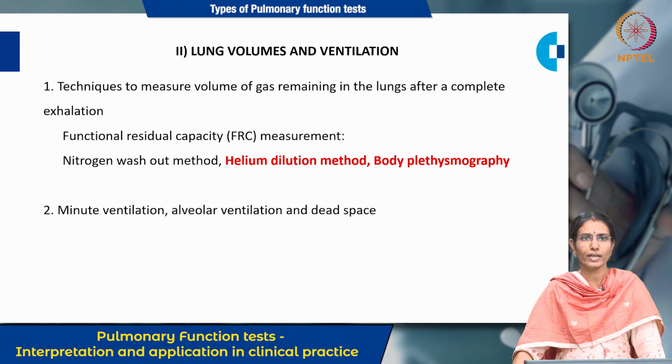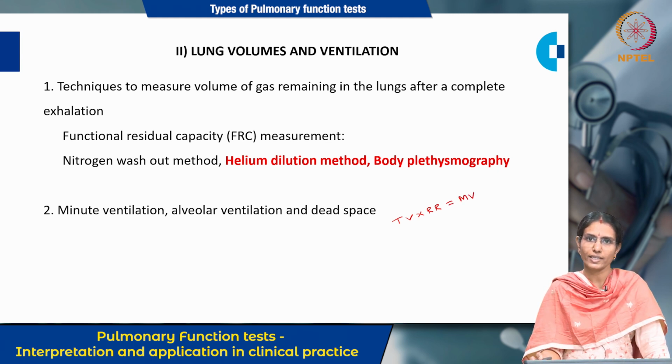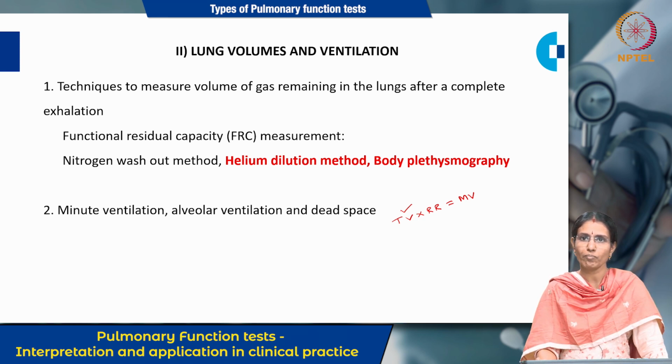What is minute ventilation? It is the tidal volume multiplied by respiratory rate. That is the amount of air which moves in and out of the respiratory tract per minute. And this minute ventilation includes dead space volume into account. What is dead space volume? Dead space volume is the volume which doesn't take part in the gas exchange.